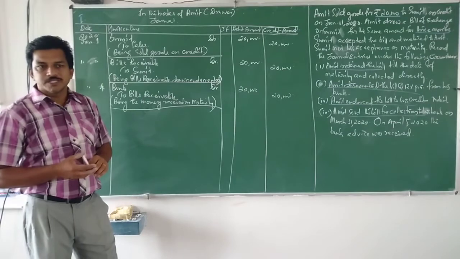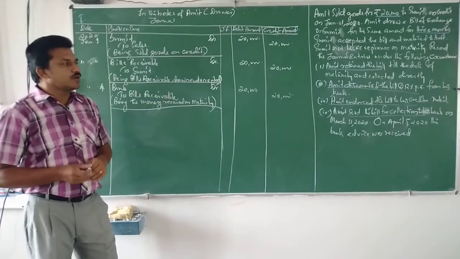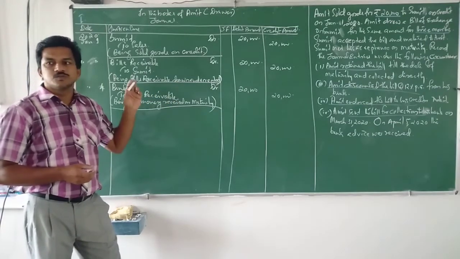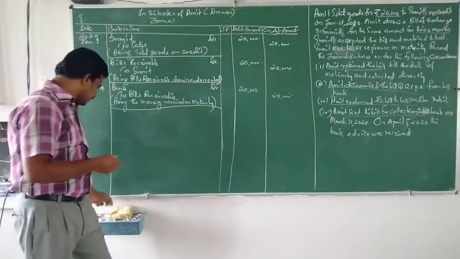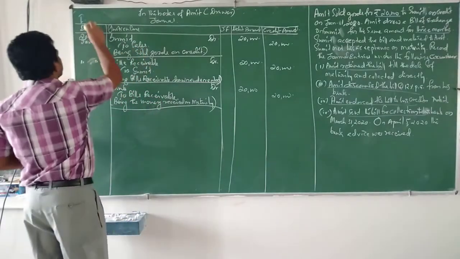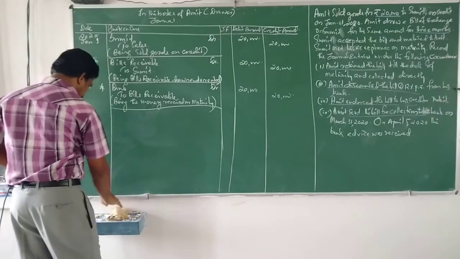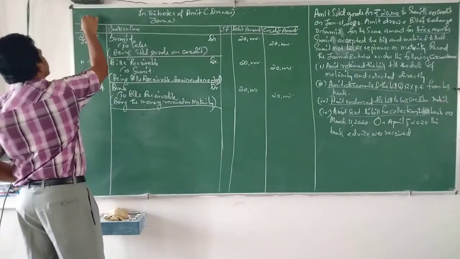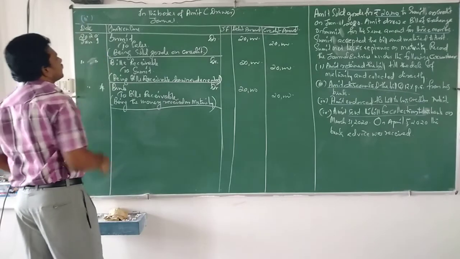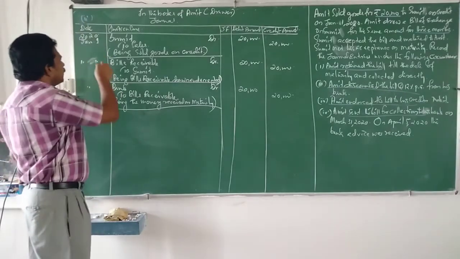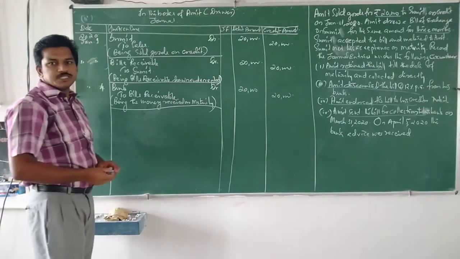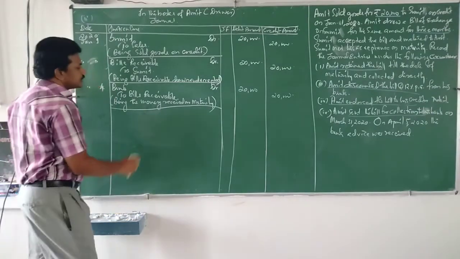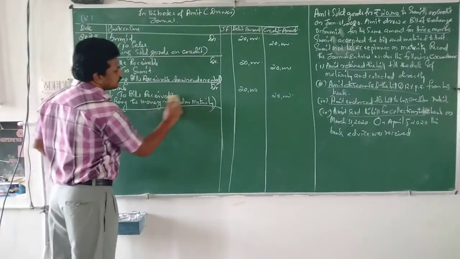What is the second case? Amit discounted the bill at 12% per annum from his bank. So here we are making changes. In the second case also, we know that the first two journal entries are the same, so we have to make the changes in the third journal entry.